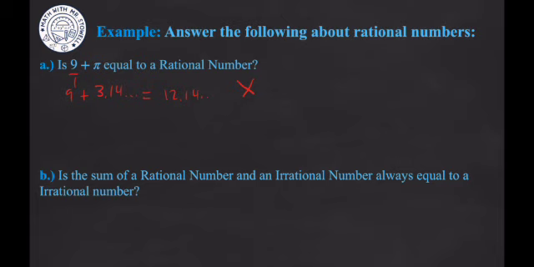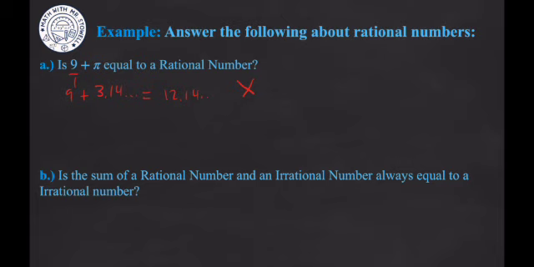Okay? So the question is, part B, is the sum of a rational number and an irrational number always equal to an irrational number? We just did an example of a rational and an irrational. Is this always going to end up being an irrational number? That is our question.